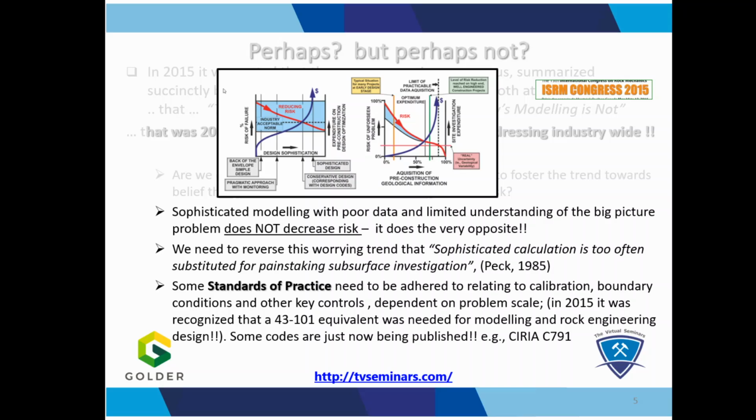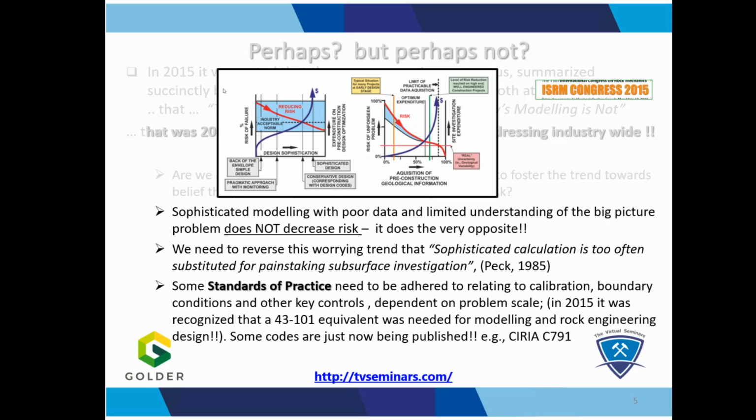In 2015, in Montreal, I suggested that some standards of practice were needed for improving verification of our modeling, something along the lines of the 43101 standards for ore evaluation documentation. Fortunately, some guidelines are just now starting to be published.